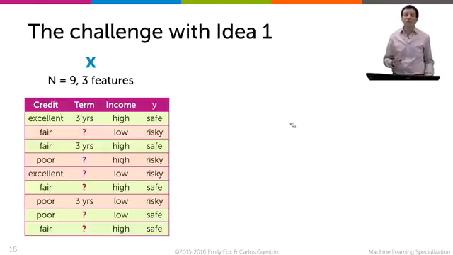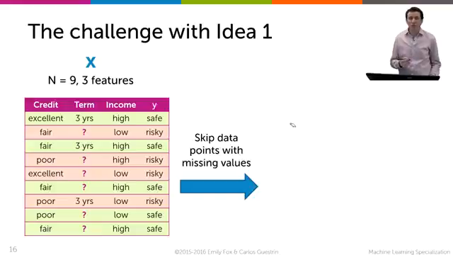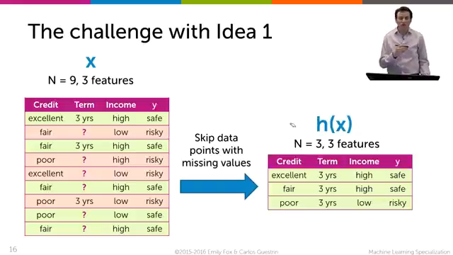Skipping data points with missing values, however, can be a problematic idea. For example, in this case, you have the feature term missing in a lot of different data points. In fact, in 6 out of 9 data points, the term feature is missing. So if I were just to skip those, I would go from a data set with 9 data points to a data set with only 3 data points.